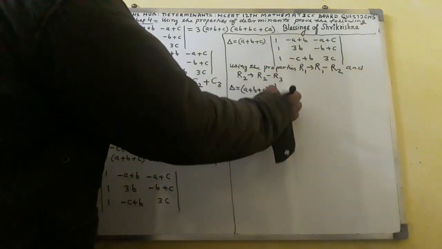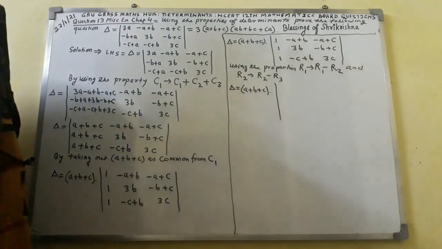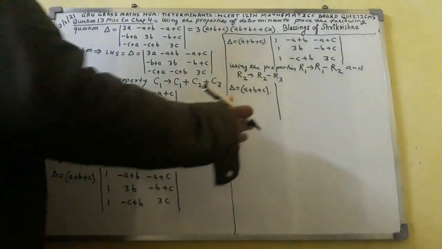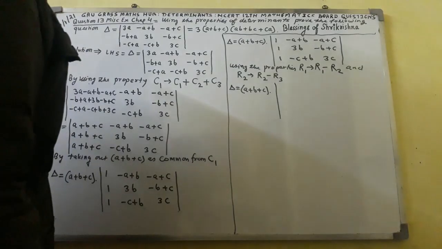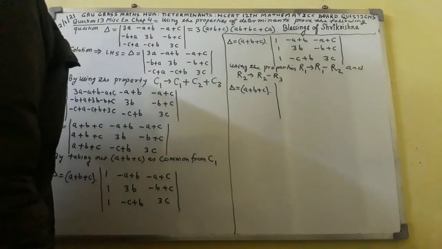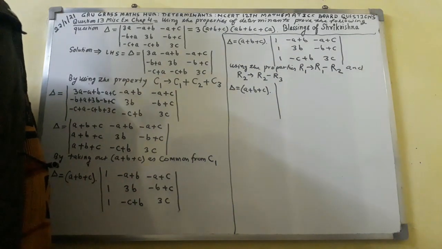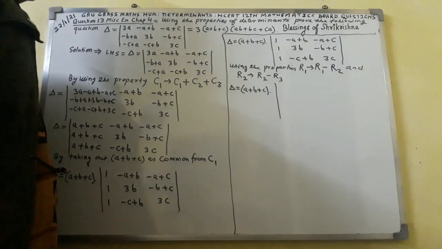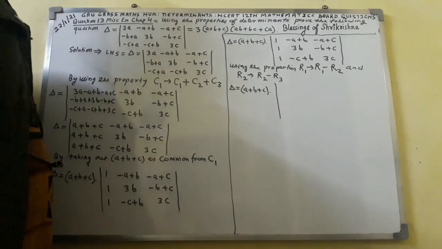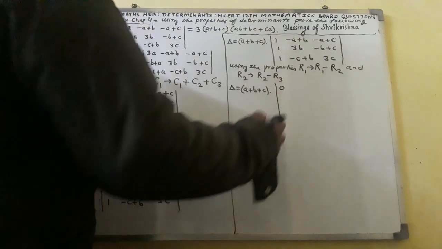Using property R1 goes to R1 minus R2. So here I have written R1 goes to. This means that changes will occur only in the first row. So here it will become 1 minus 1 comes out to 0.